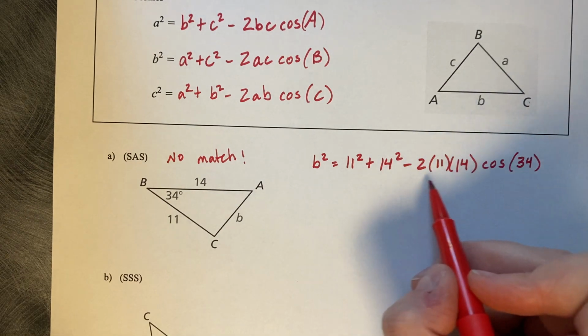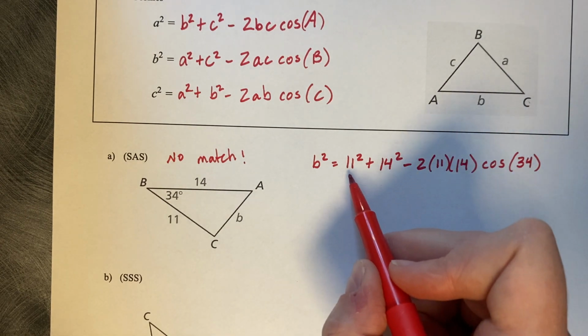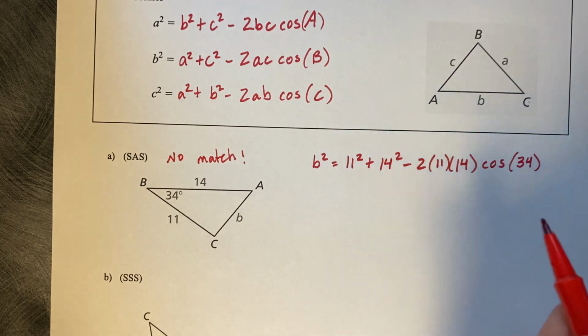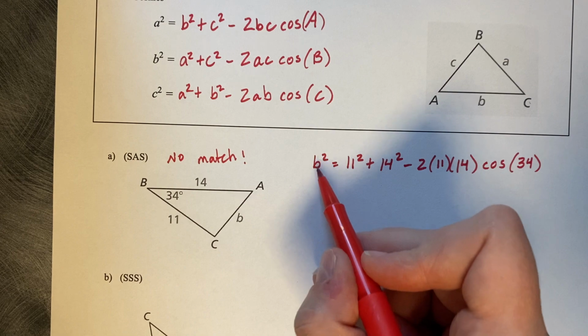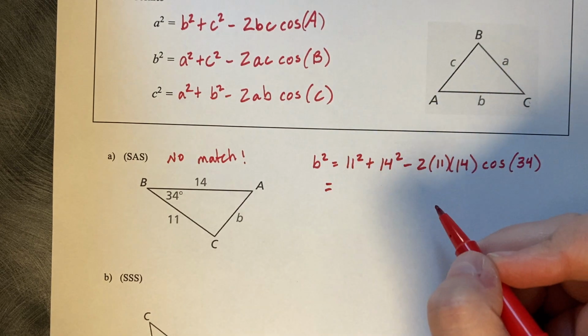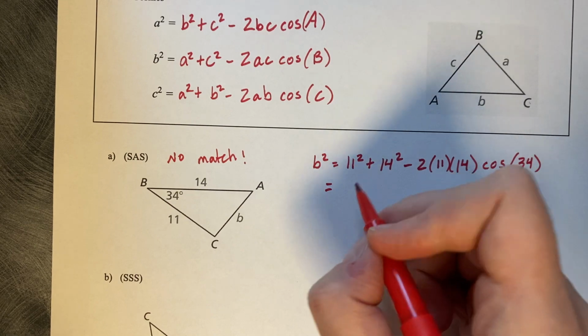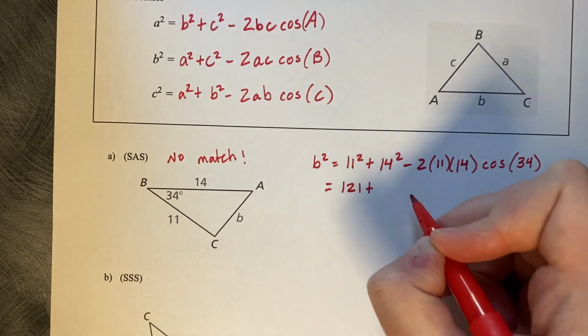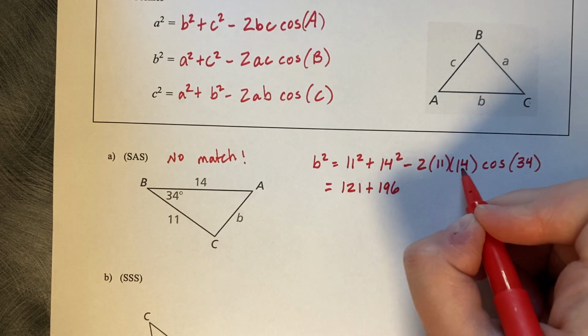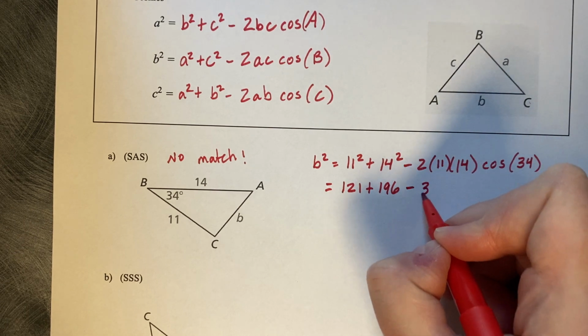All of this on the right-hand side is all numbers. So really what we're doing is simplifying this down to a nice value that we can take the square root of, because eventually I want to undo B squared. So let's just work on simplifying. Just do it one piece at a time. 11 squared is 121. 14 squared is 196. 2 times 11 times 14 is 308.